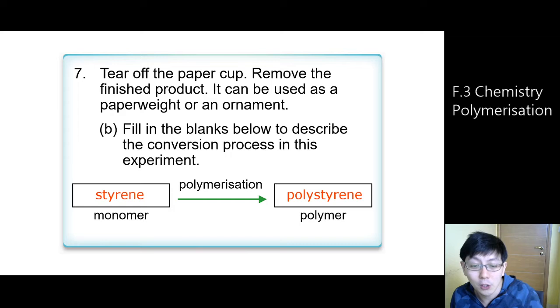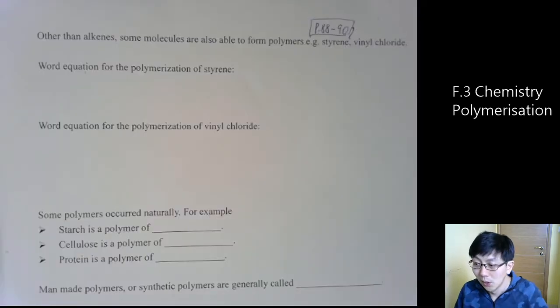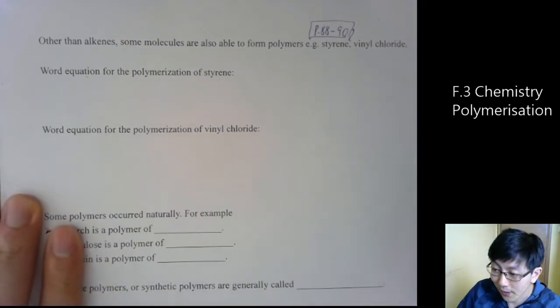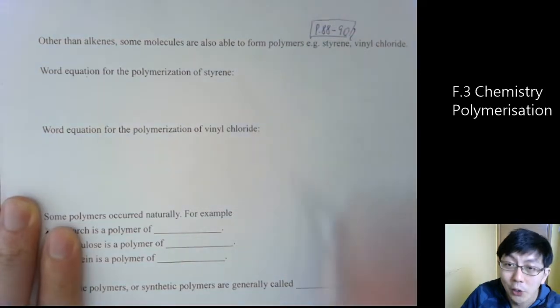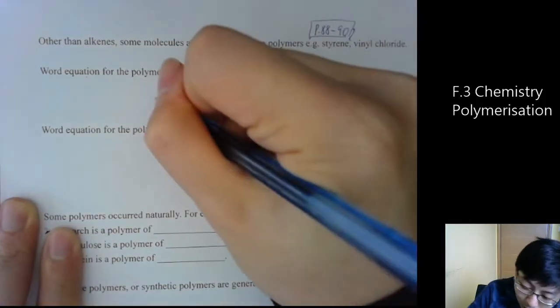Okay, so please go back to the worksheet. I need to fill in something with you again to summarize how we write the equation for the polymerization process. Polymerization of styrene. How can we write the word equation?